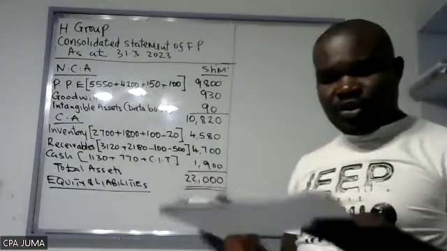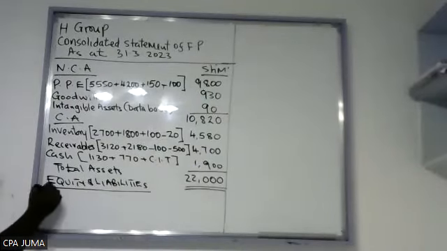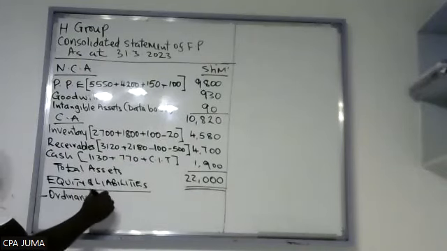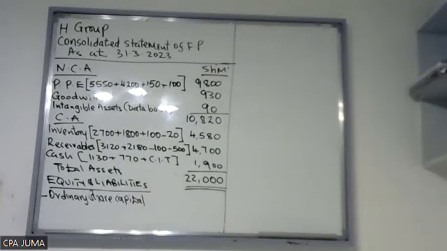There is nothing much. Ordinary share capital. How much? Somebody? It's just a matter of addition. You just add, then you get the figures.